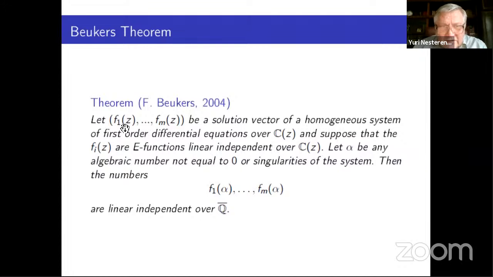So we assume that these functions are linearly independent. Let alpha be any algebraic number not equal to 0 or singularities of the system. Then these values are linearly independent over the field of algebraic numbers.